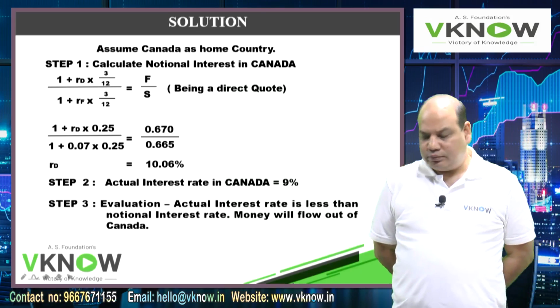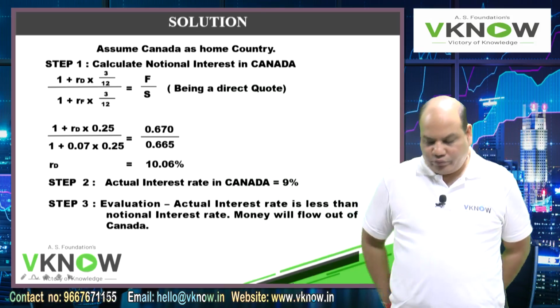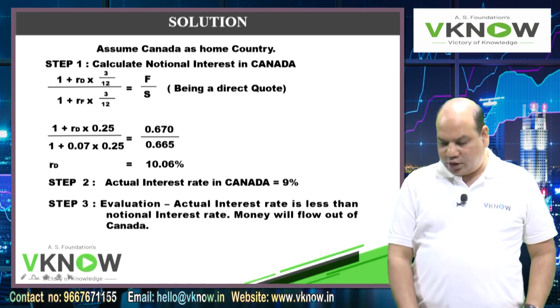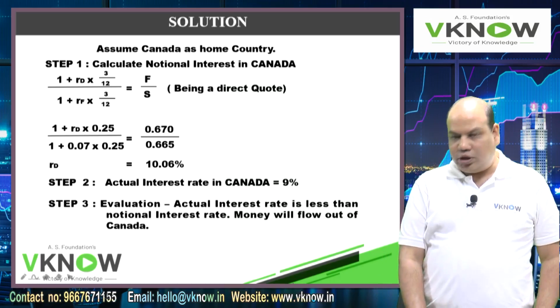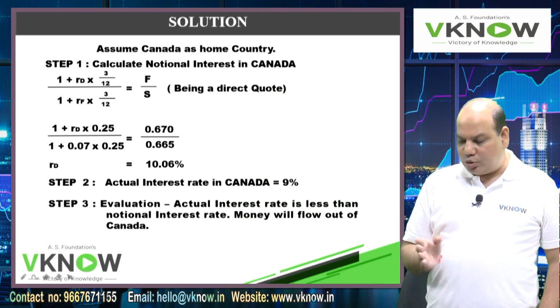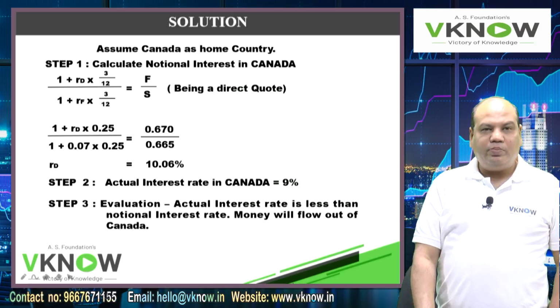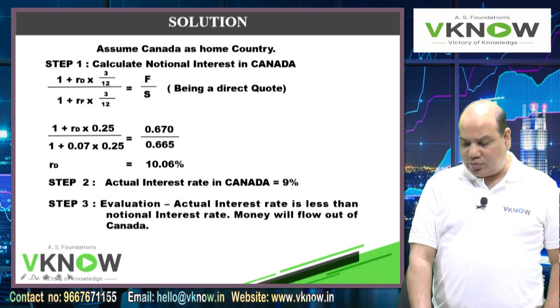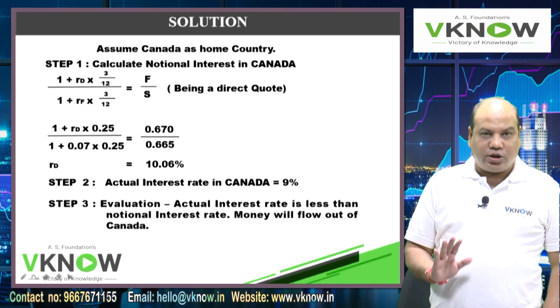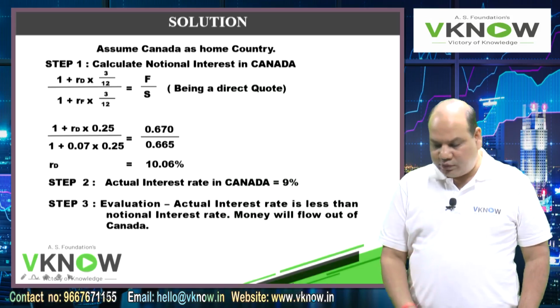Therefore, money will flow out of Canada. Money will flow out of Canada, in bracket: borrow in Canada and invest in Germany. So my first hurdle we have passed: where we should borrow from and where we should invest.